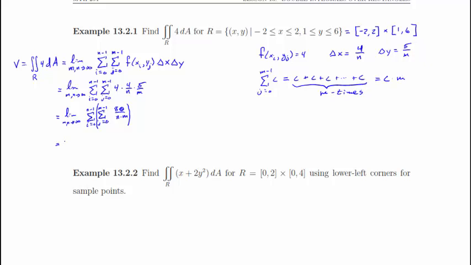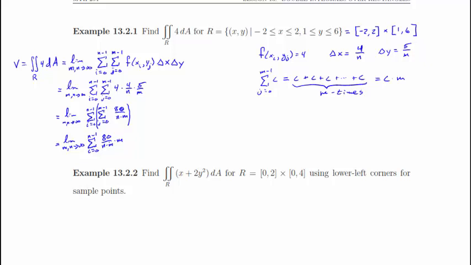So this equals the limit as m, n goes to infinity of the sum from i equals 0 to n minus 1 of 80 over n times m. These m's will cancel.